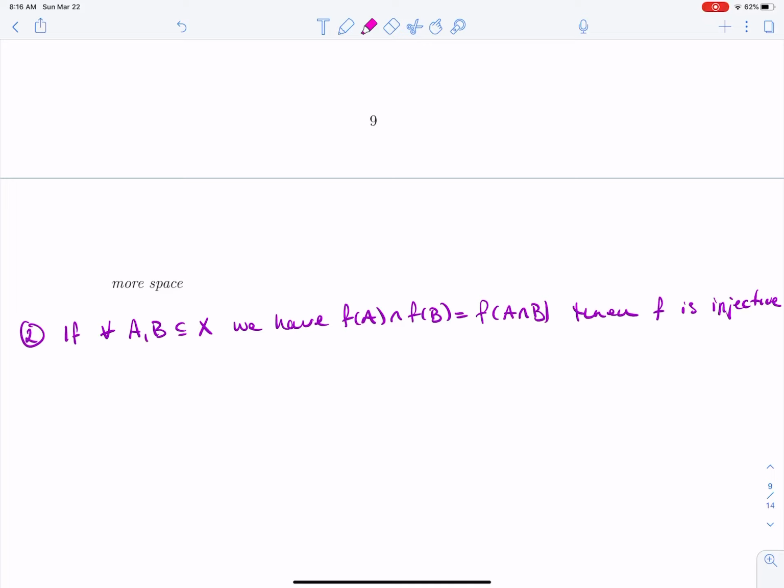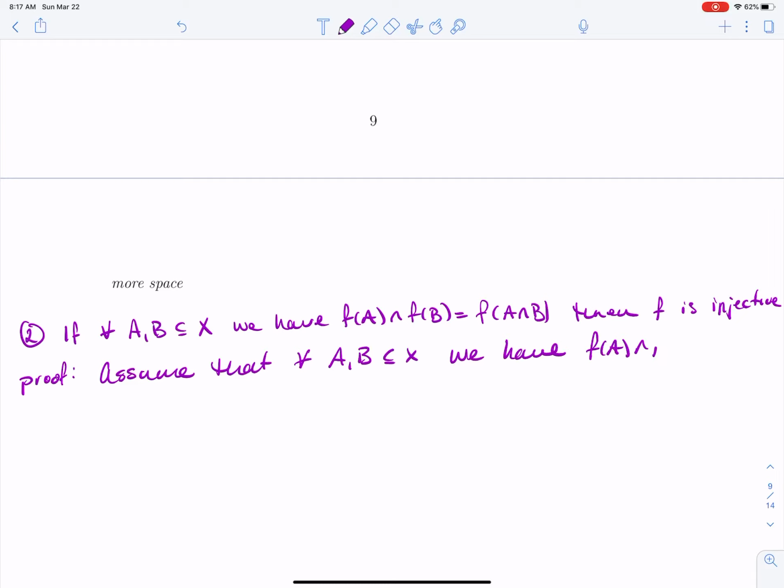So let's start in the beginning. So we assume, proof, we assume that for every A and B in X, we have f of A intersect f of B equals f of A intersect B. And we want to show that it's injective.